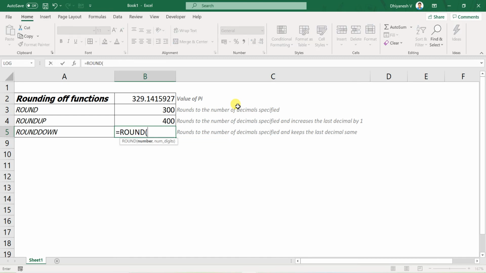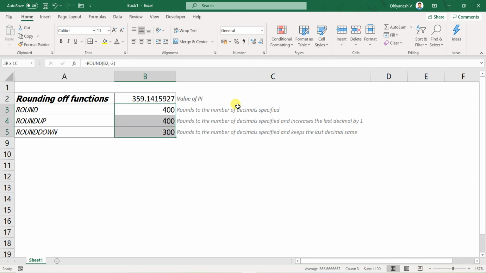So round down, if I use round down and this comma minus 2, so nearest lowest 100, it is like nearest lowest 100 is 300. If I again take this off this 30, you will see again the same 300 because it is the nearest to lowest 100. So this is how you can round it off to any number, but only in the digits. So any digits after the decimal point or before the decimal points.